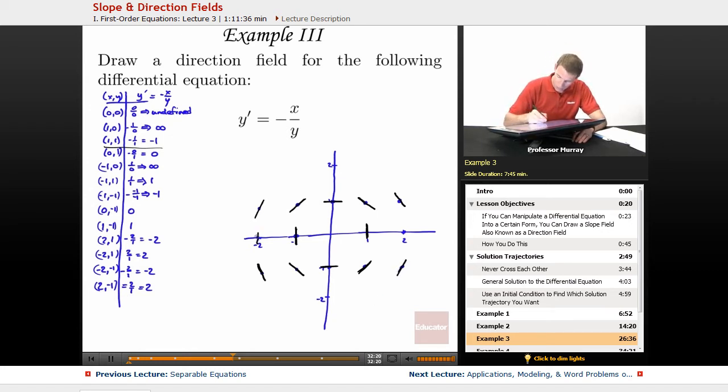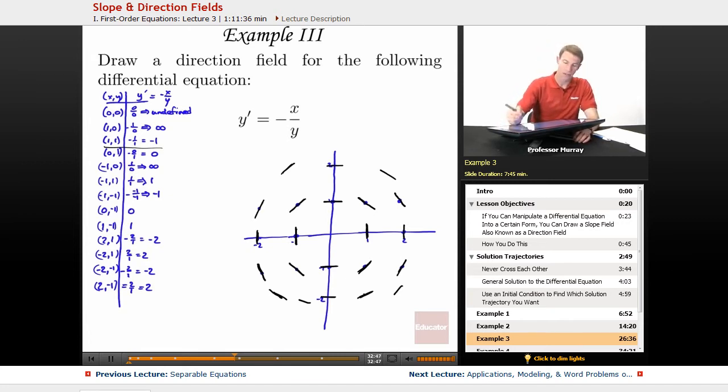On the horizontal axis, it's always vertical. On the vertical axis, it's always horizontal. And then what we're really getting is a circular pattern here. It's going to look like patterns of circles. A circular slope field. So that's all we had to do for that one.